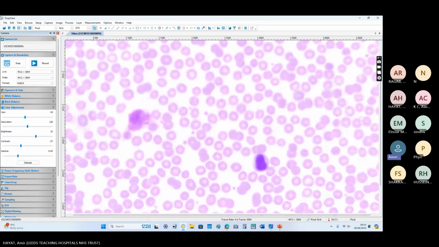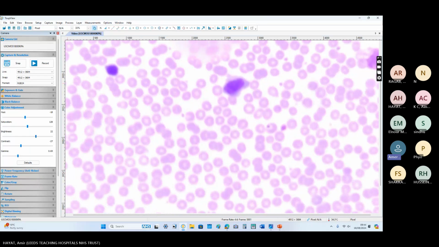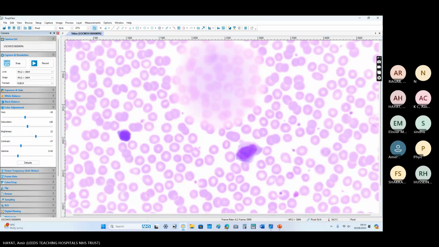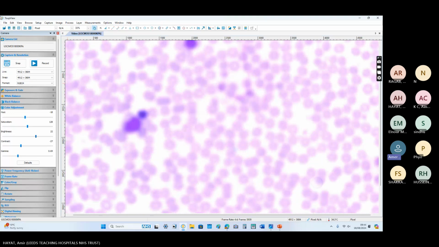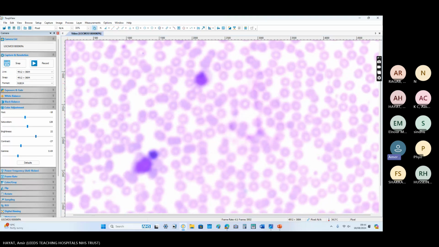So you have answered two sections of the report. One is missing. You have commented on the film, and what do you think this film is consistent with?